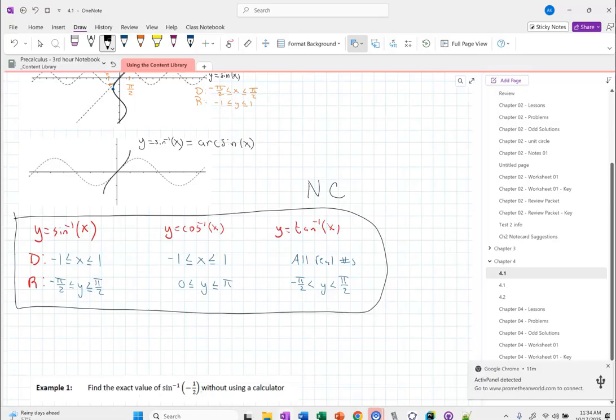That might be something good to put on a note card if you're starting to make your note card for the next test. Does that ever change? Never changes.